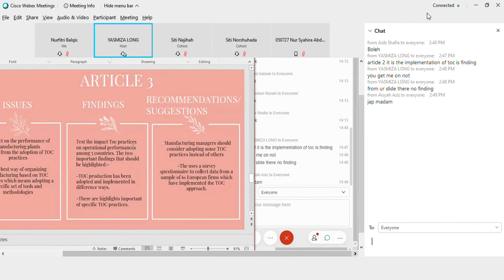And then dia go to among 5 countries. That means the industry dekat Europe tu, dia implement and adopt the TOC but in a different way. Rasanya artikel tu dah bagi tahu finding kat sini.